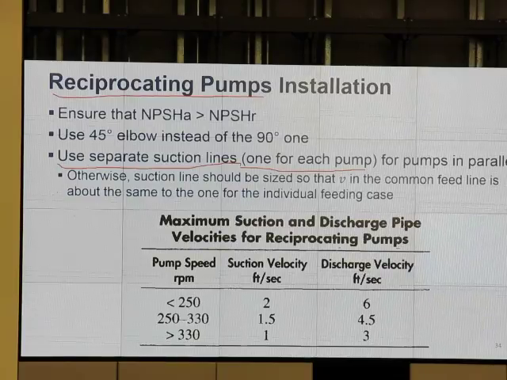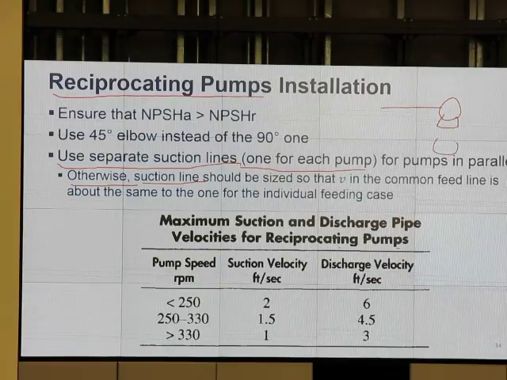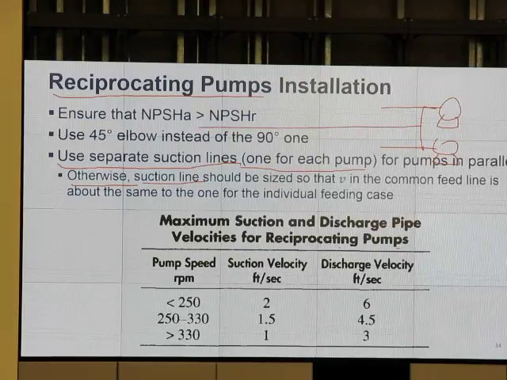If I don't have one for each pump, they will share the same suction line and it may be too much. Look at my picture. I have a pump. One pump should have one suction line. Another pump has its own suction line and they are separated. You don't connect them together and share the suction line. Okay, don't do that.